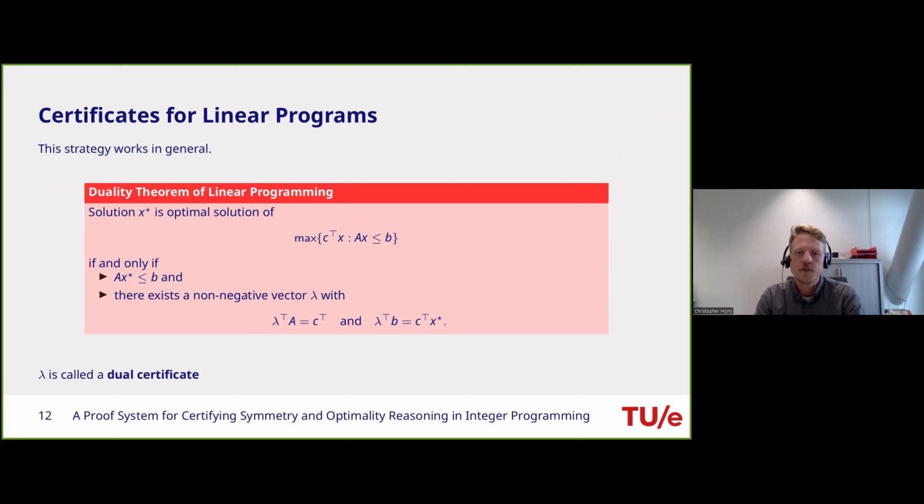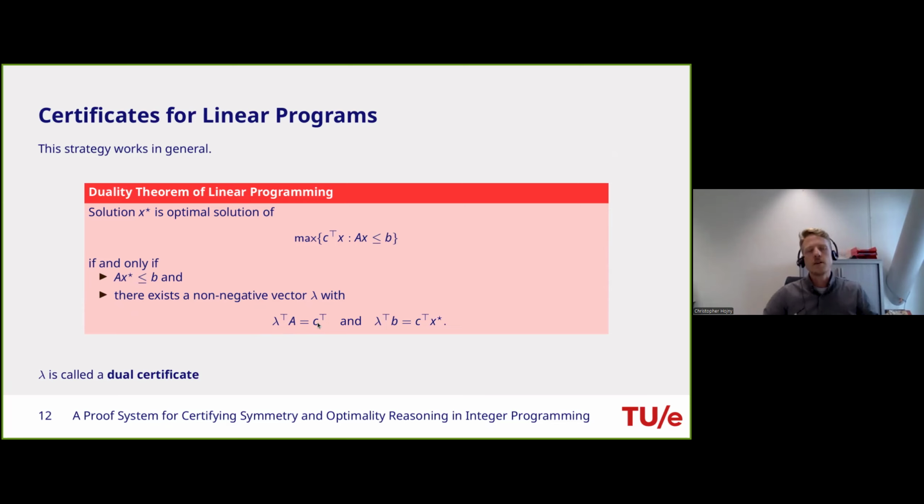Namely, if I am given a maximization problem that looks like this in this red box here, so we are looking for a vector x that maximizes the objective function c transpose x, and it has to satisfy the inequality system Ax at most b, then a solution x star is optimal if and only if it satisfies the linear inequality system, so it satisfies all the constraints, and I can find a non-negative multiplier for each of the constraints. If I collect these multipliers in a vector lambda, this just means I multiply it from the left-hand side with my inequality system. And then I need to be able to recover my objective function.